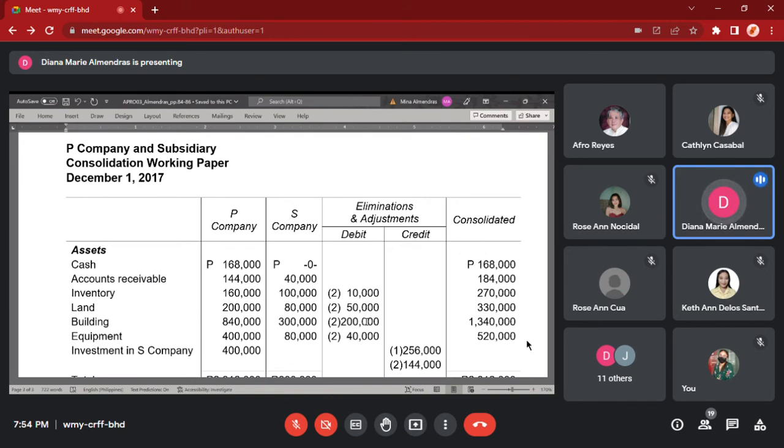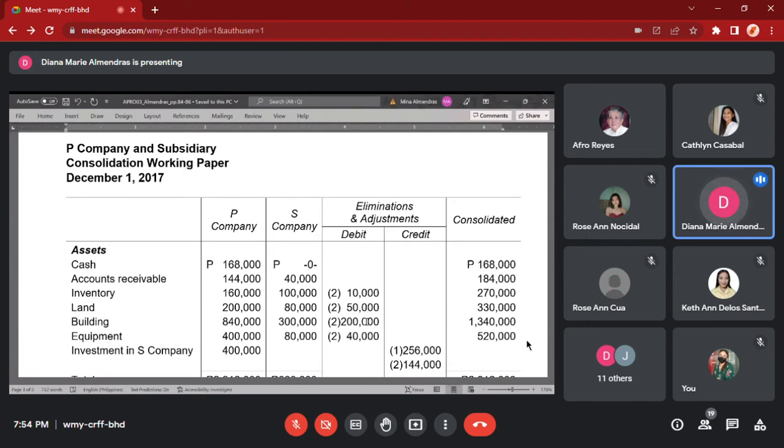Ibig sabihin ng consolidated, pagsasamahan yung kay P at kay S Company. Accounts receivable of P Company 144,000 while for S Company 40,000. The consolidated is 184,000. Inventory of P Company 160,000 while for S Company is 100,000. Adjustment, increase of 10,000. The consolidated is 270,000.